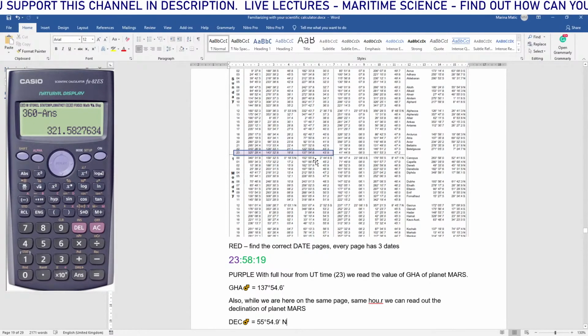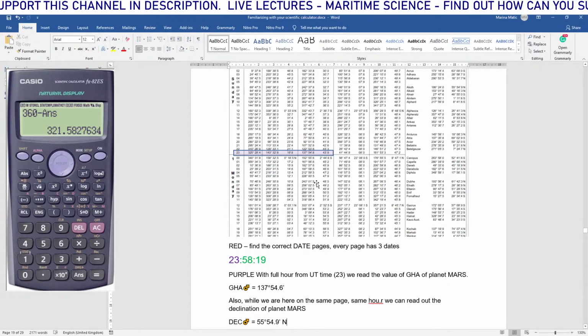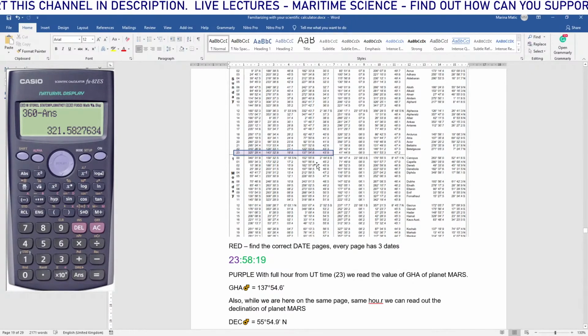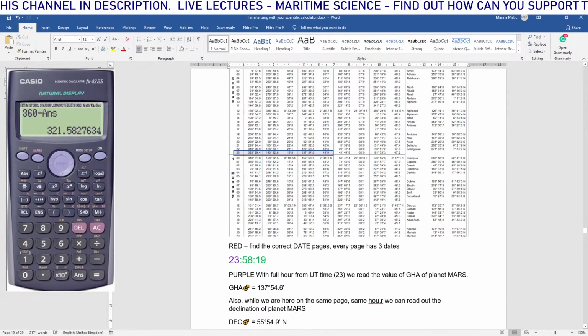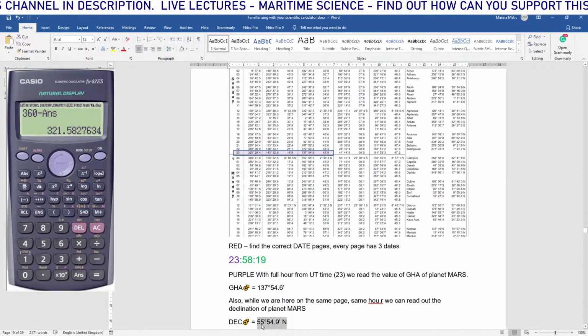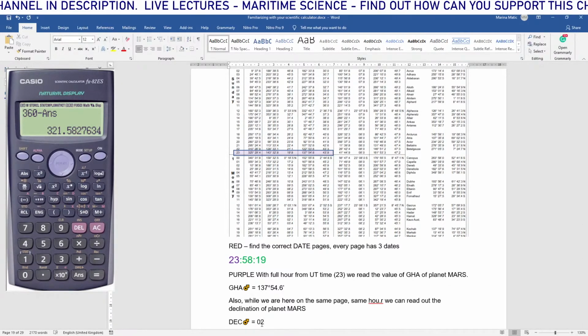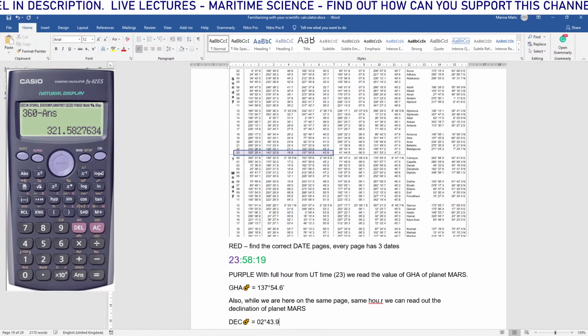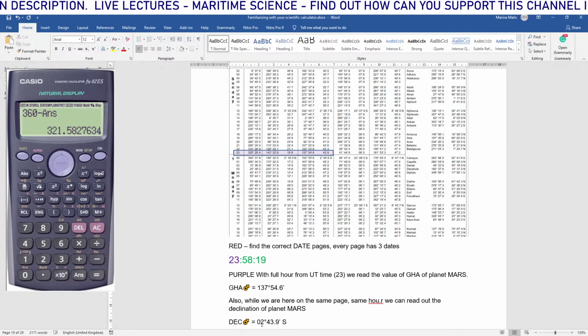So that is the reason why we do not have 2, 2, 2, 2, 2 in every row. We just have the number 2 on top. But don't forget it. So it is 02 degrees 43.9 minutes south.